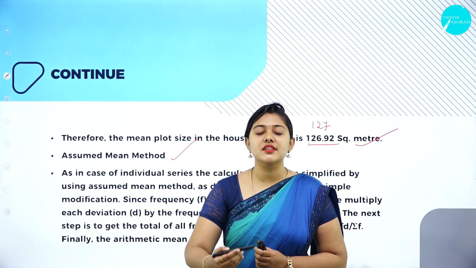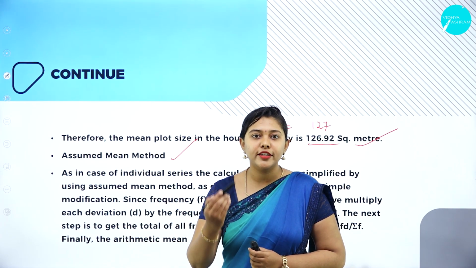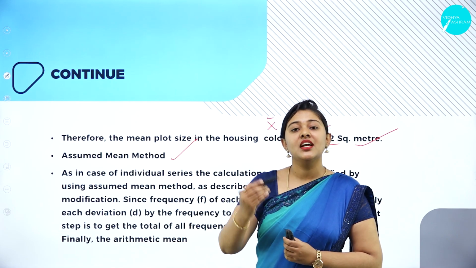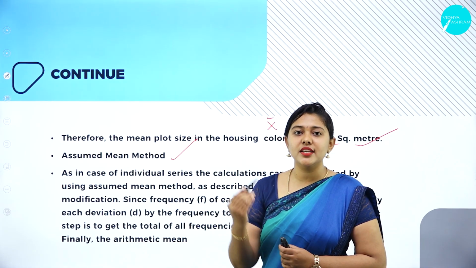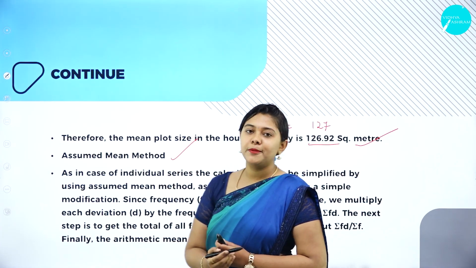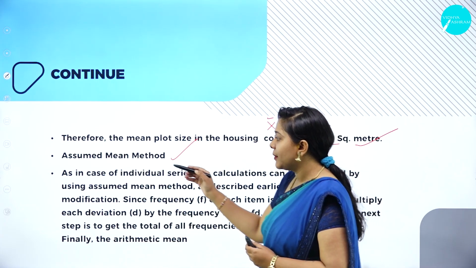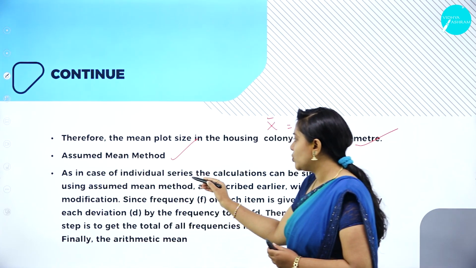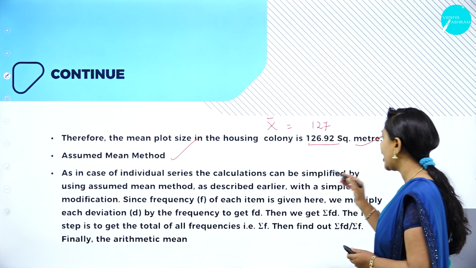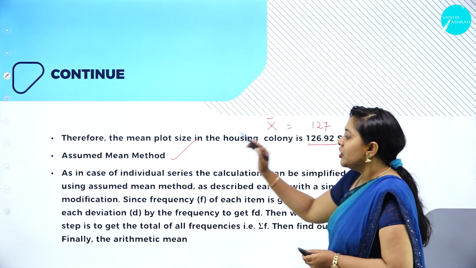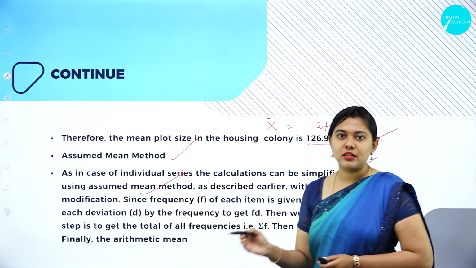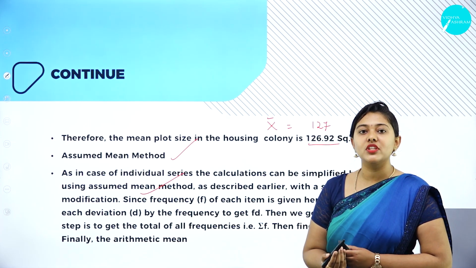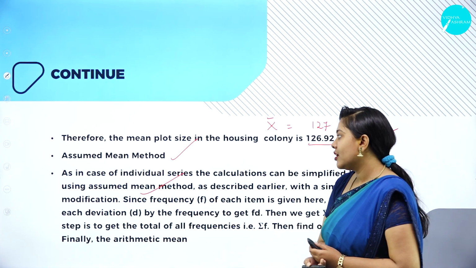Here also, for discrete series as well as continuous series, we have the assumed mean method. As in the case of individual series, the calculation can be simplified by using the assumed mean method.